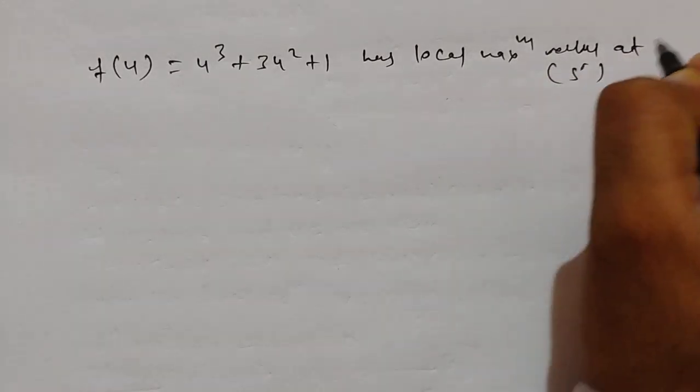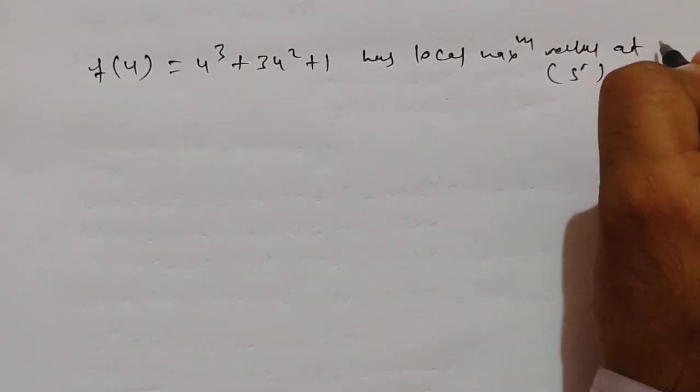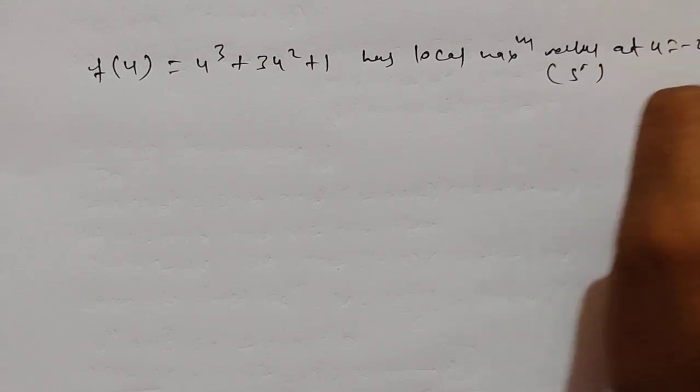This is 5 and the point is u is equal to -2.